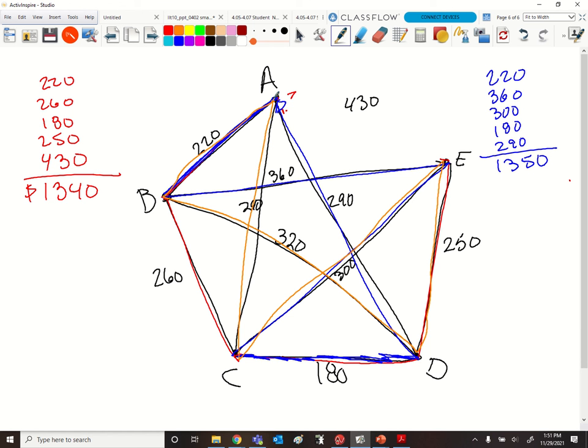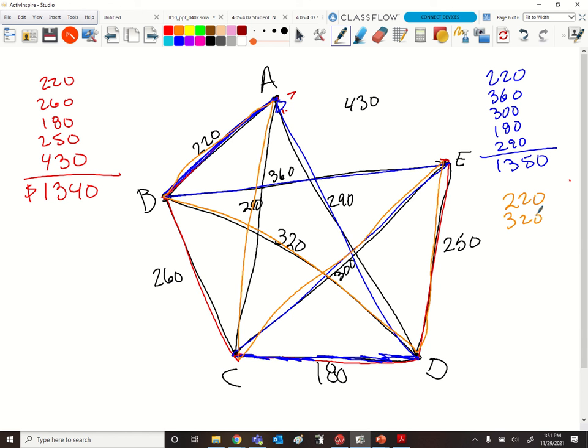So let's look at the math. So it's 220. Okay, thank you. That's weird. 1330. I'm trying to get to 30. Okay, so let's try 220. There we go. Next one would be 320.